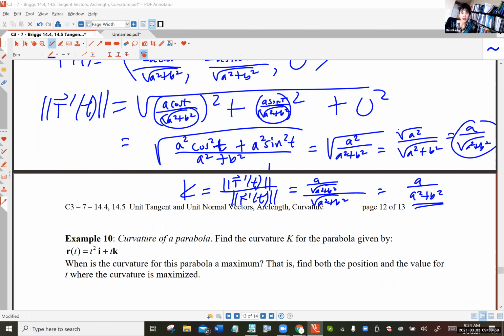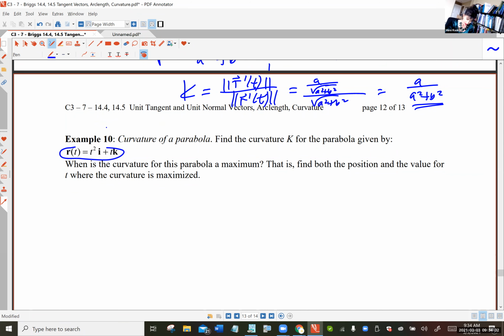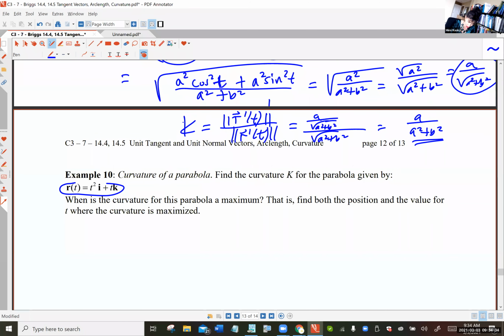Okay, so let's take a look at how you would get this. Now, full disclosure: this formula for curvature that we used in the last 3 examples is doable, but it's going to take you a long time because you're going to get some really nasty looking derivatives, quotient rule. I used to do this in my lectures, but I've decided it takes too long.